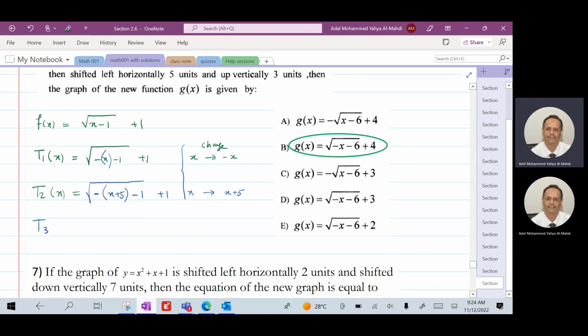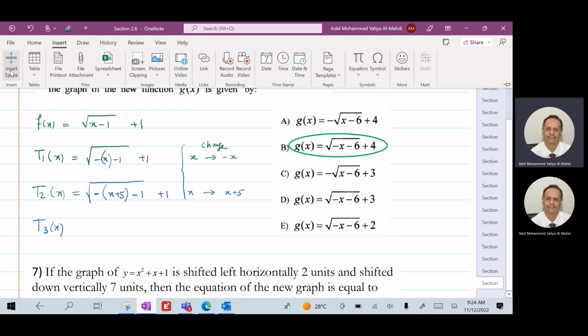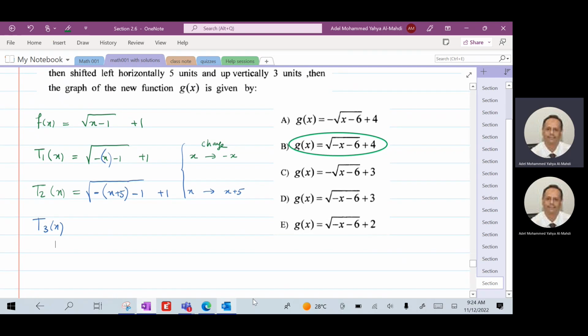Now T3, which is the last one, up 3 units. So the graph of T3 will be the same as the graph of T2 plus 3. And it is going to be what? When you add 3 to 1, you will get 4.